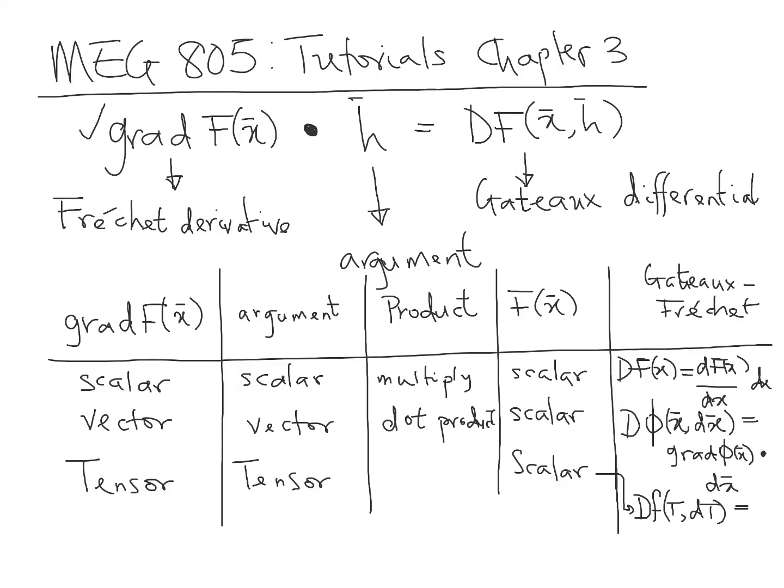So if I'm doing d of a scalar with respect to a tensor, oh, there's no space here. Let me just write it somewhere. If I'm doing d of a scalar function with a tensor argument with respect to a tensor, this will give me a tensor.